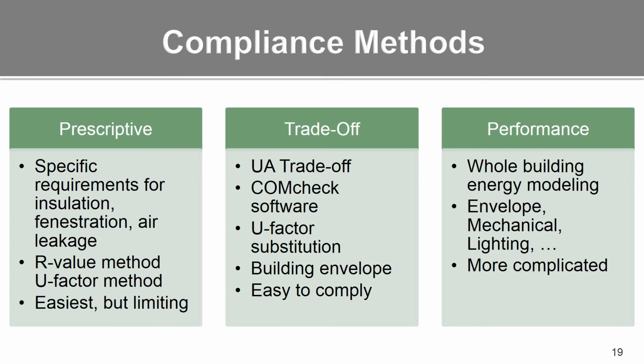The performance method is much more involved. One would typically hire an energy code consultant that uses proprietary, sometimes costly software programs, and it also provides a trade-off approach, but it takes a look at trading off envelope, mechanical, and the electrical lighting, whereas the ComCheck software primarily allows you to trade off the building envelope provisions.